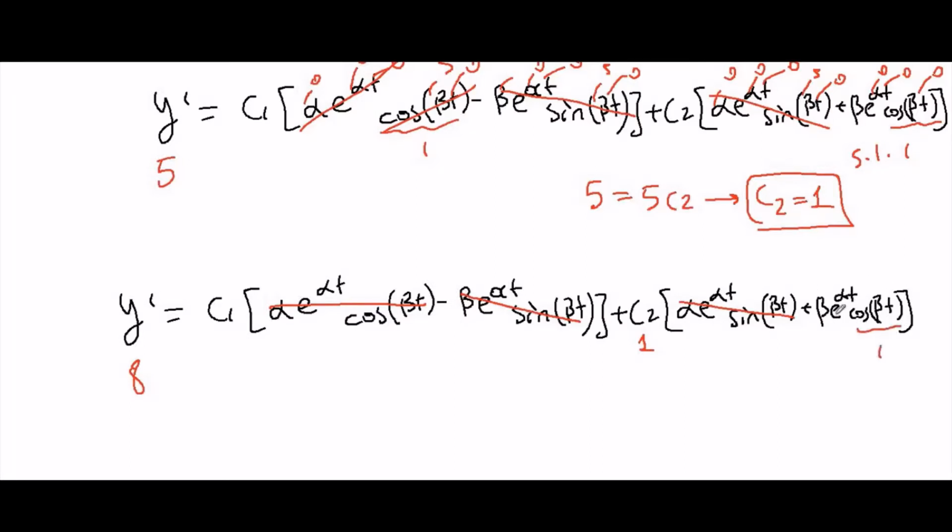So this is 1. e to the 0 is 1. Our beta value is 5. So here, what is surviving? 8 is equal to 5c2. From here we find c2 as 8 over 5. But from the above, we found c2 as 1. So 1 is not equal to 8 over 5, so this is not possible.